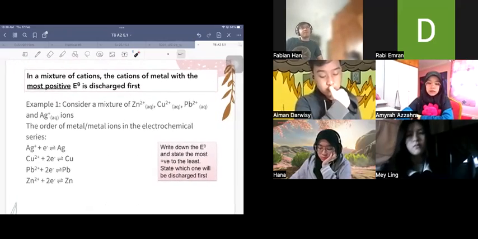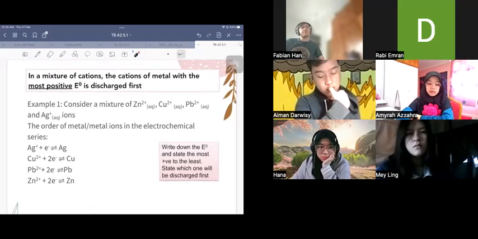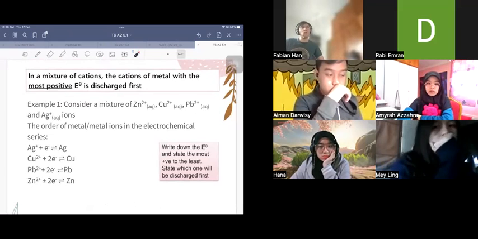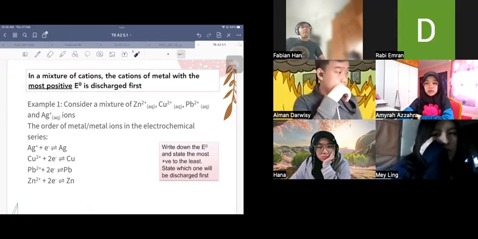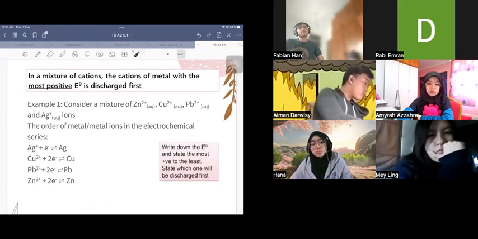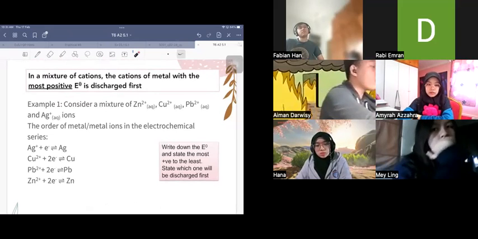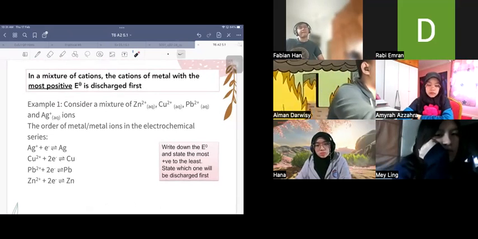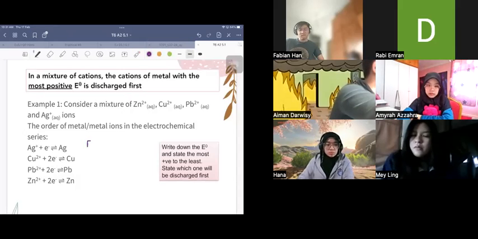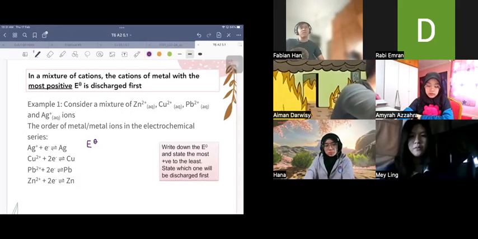Now we're going to do a little exercise to get you familiar with how to use the data booklet. Imagine you have 4 types of cations in your electrolyte, and your cathode has to decide which one to select to be discharged first. You work that out by looking at the E note values of each cation.